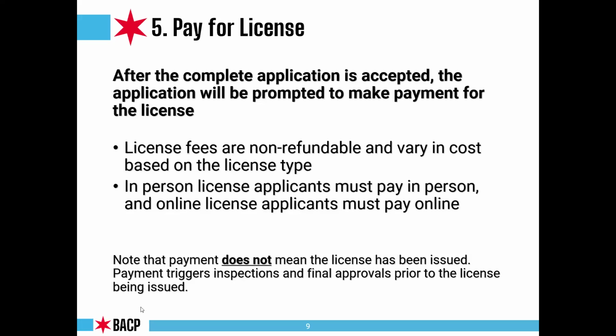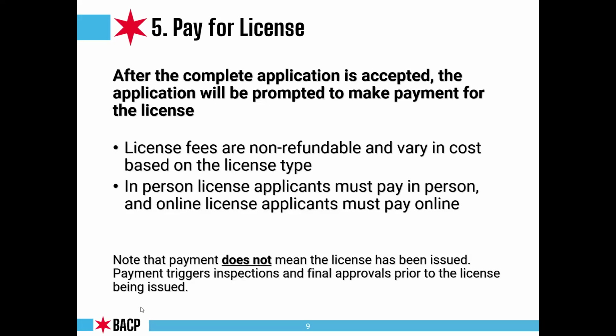Do note that license fees are not refundable and vary in cost based on the license type. As previously mentioned, the cost of a license, if, for example, you're opening a food establishment, will depend on how much your space measures out.